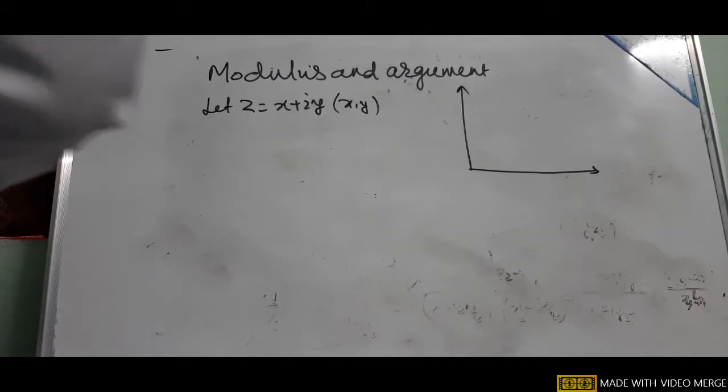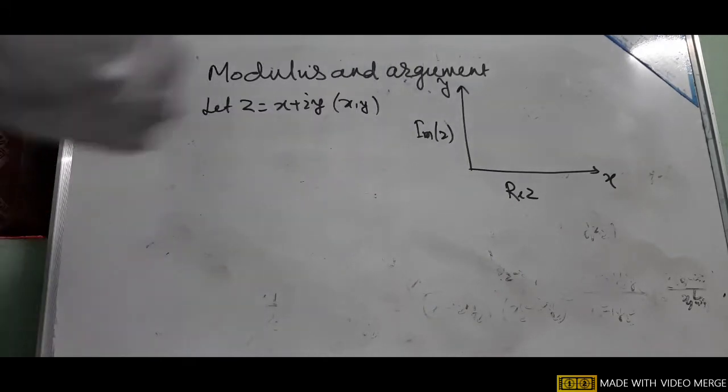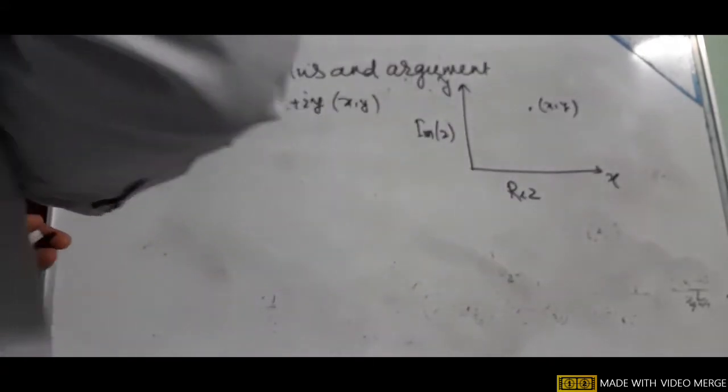If we plot it in the graph, we have this two-dimensional plane. This is the real z, that is the x-axis, and the y-axis is the imaginary z. If I want to plot this complex number in this plane, we have a point whose coordinates are x and y. That is the point P, that is z.